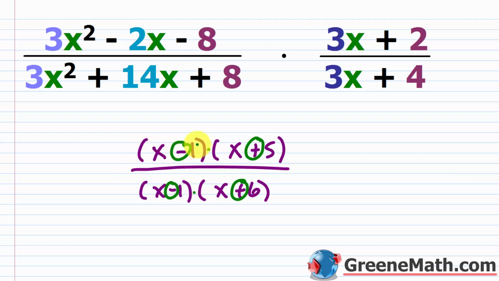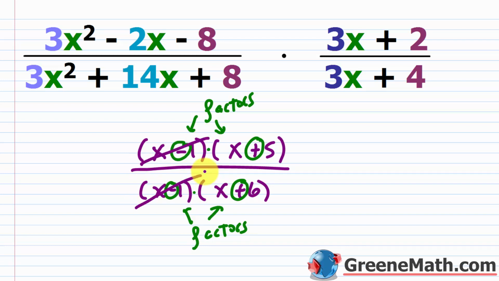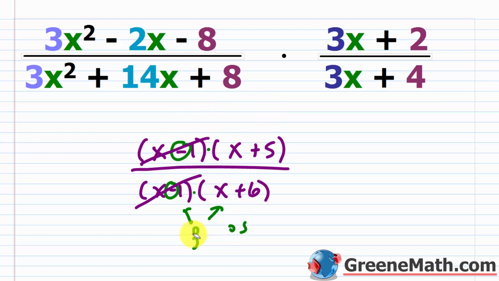This quantity here of x minus 1 is being multiplied by this quantity x plus 5. So these guys here are what we call factors, okay? They are being multiplied together. And so I can cancel common factors. So between the numerator and denominator, I have a common factor of x minus 1, so it can be canceled or removed.